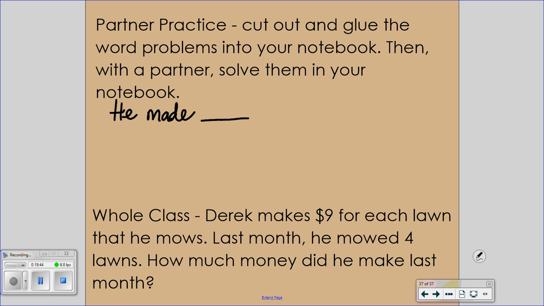Dollars. So you could say money, but usually we call money dollars. This is your answer sentence. You can have some variation. It doesn't have to be exactly what I wrote, but it does need to make sense. It needs to be blank dollars, blank money. Trying to figure out how much money he made.